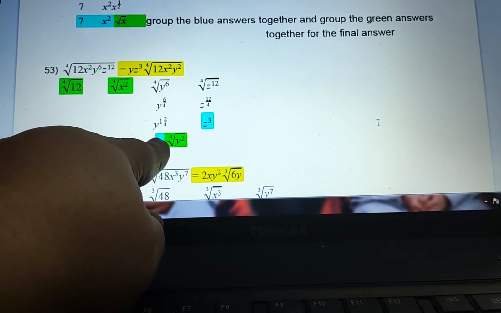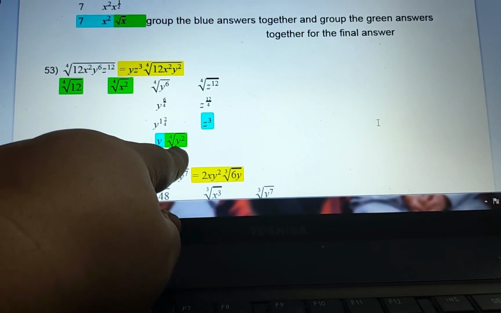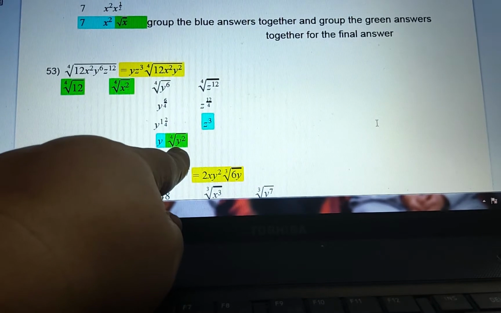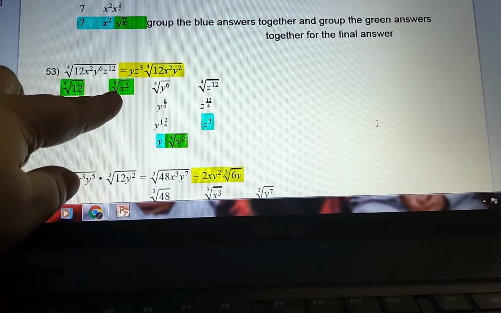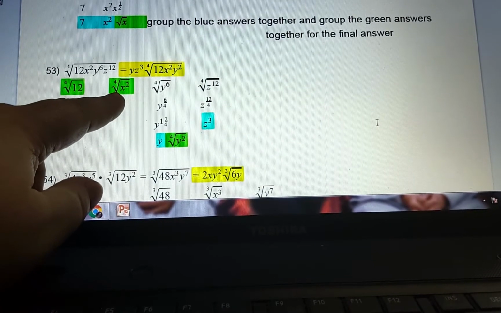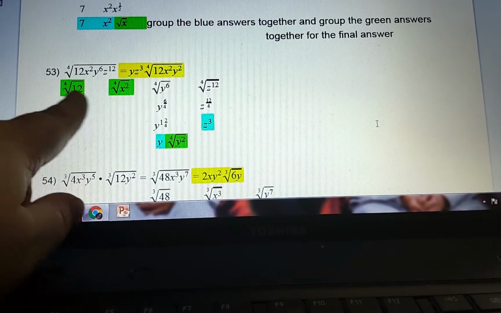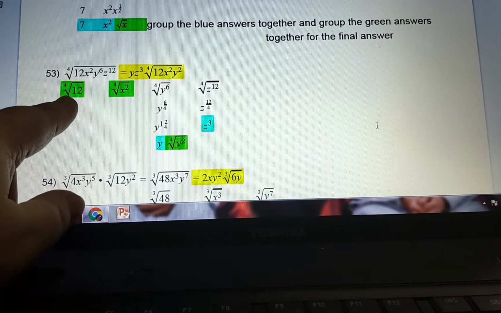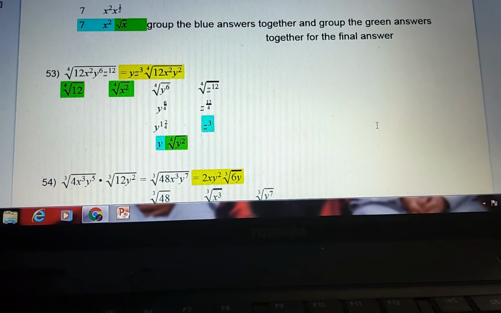So the y to the first stays y, and my y to the 2/4 goes back into a radical. Now, I didn't change it to a half because this one is a fourth, which I could also change to a half, but this one I can't change to a half. This one has to stay fourth. And they all have to have the same index so I can put them back together again.